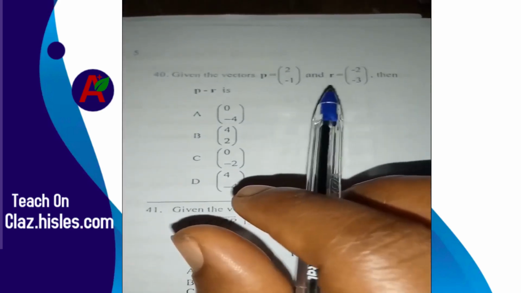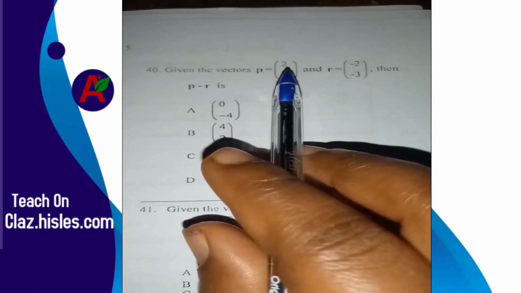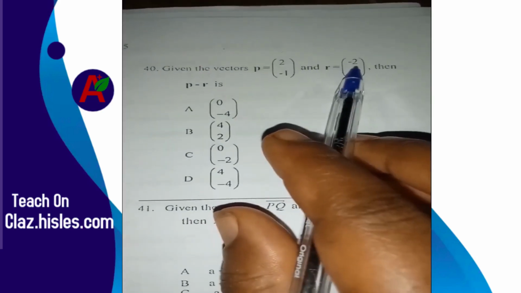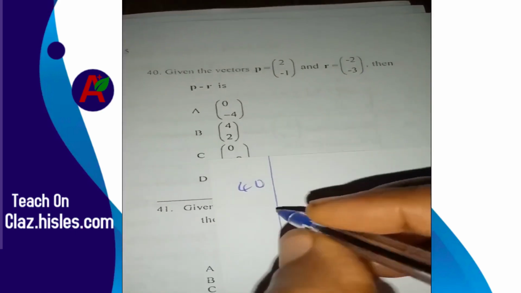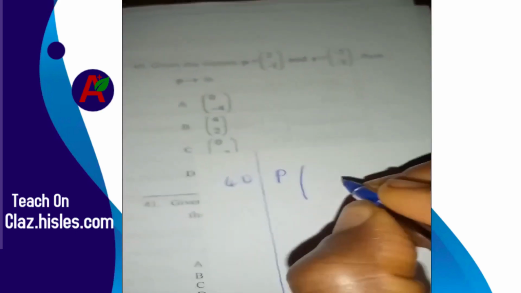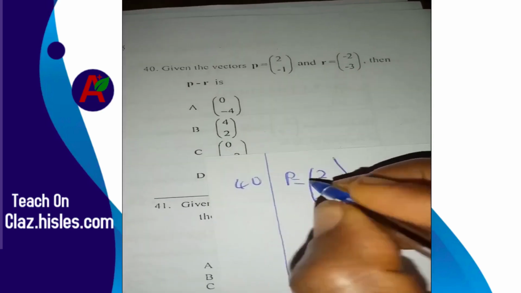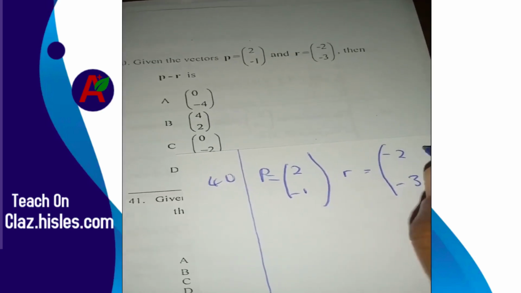Question 40. Given the vectors P and Q, then P minus Q is... We have P, which is 2, negative 1, and we have Q, which is negative 2, negative 3.